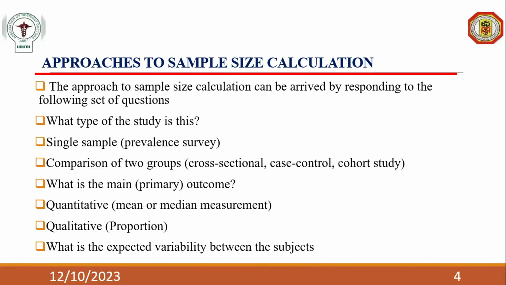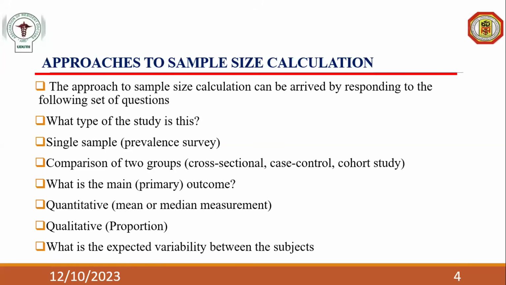If your study is a case control study, the formula for case control study is different. Even in the cross-sectional, if your outcome is a number, a quantitative variable, the formula for a quantitative outcome variable is different from the formula for a qualitative outcome variable study. So it is very important to understand all these things.